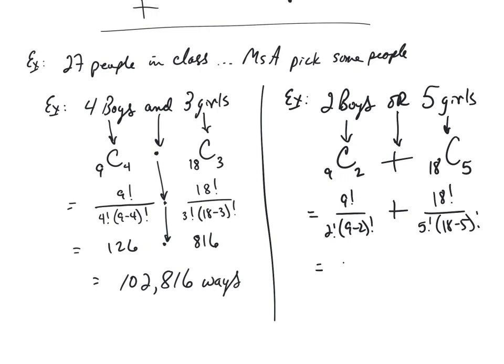So the first one for the boys is 36, and the second one for the girls would be 8,568. And then again, with the connecting word or, we add those together. So altogether, she would have 8,604 ways in which she could pick 2 boys or 5 girls.